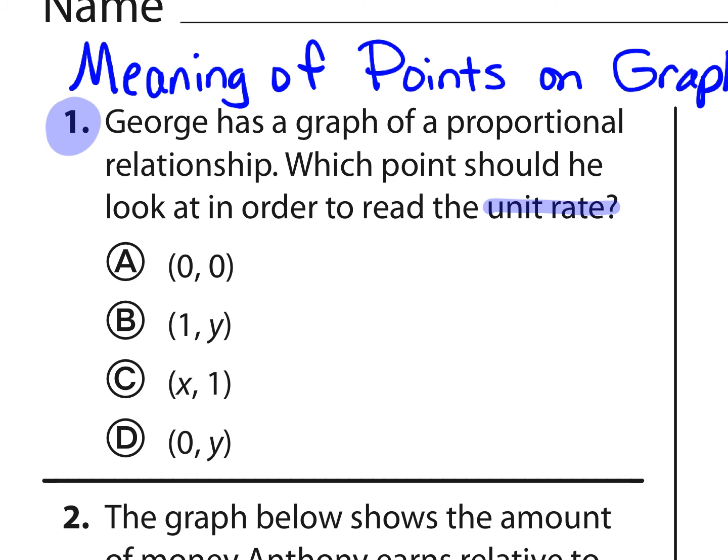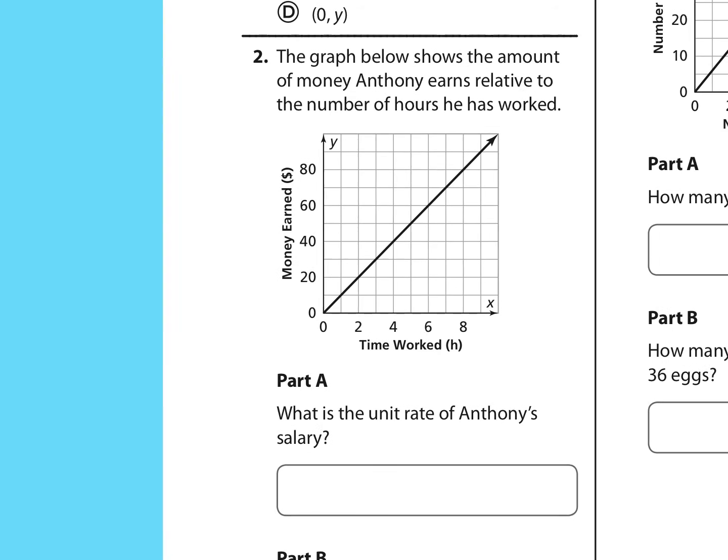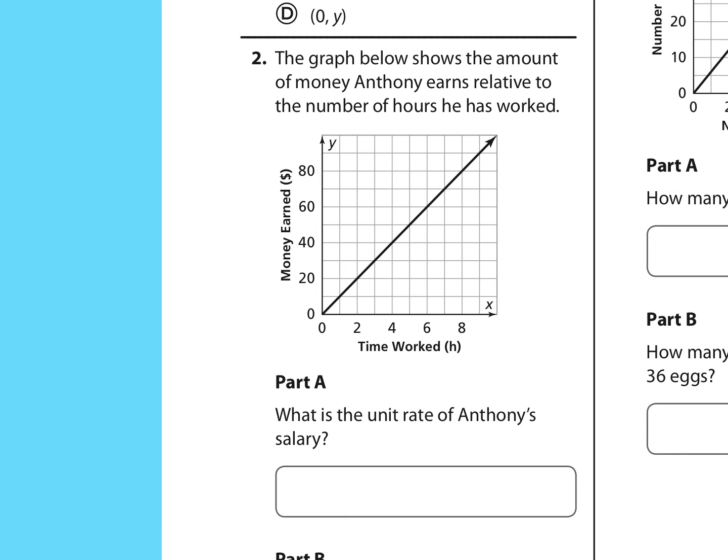The unit rate is always going to be something over 1, or it's going to be where the x value is 1, and we have some y value that we don't know. And so answer choice B. Number 2, the graph below shows the amount of money Anthony earns relative to the number of hours he has worked.